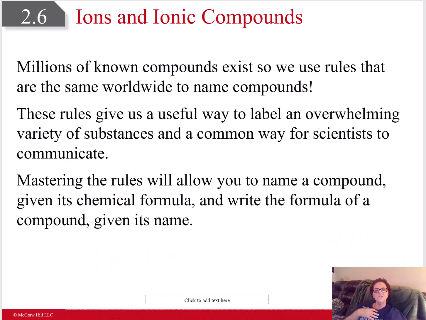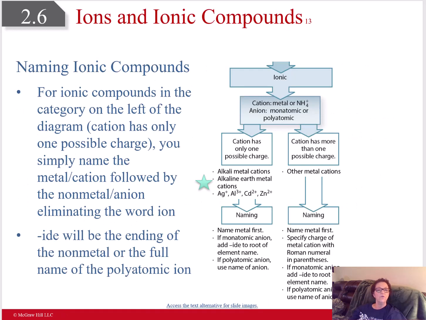There are so many compounds that exist that we use these rules worldwide to name them, so that we can label the variety of substances and communicate with a common nomenclature. This agreement among all of the scientists in all of the world is how we do this.